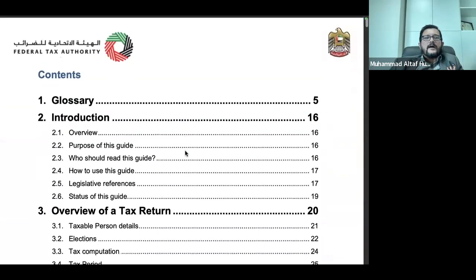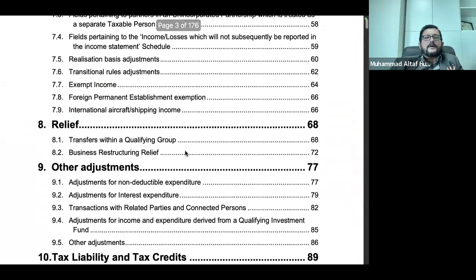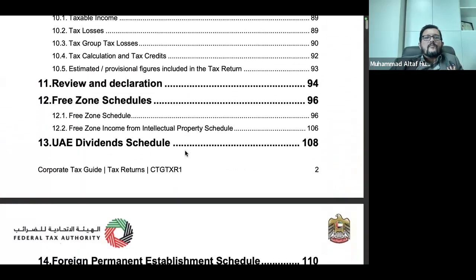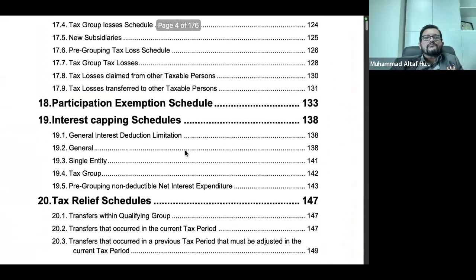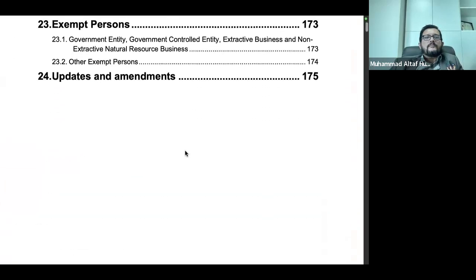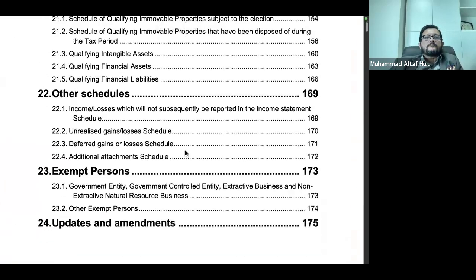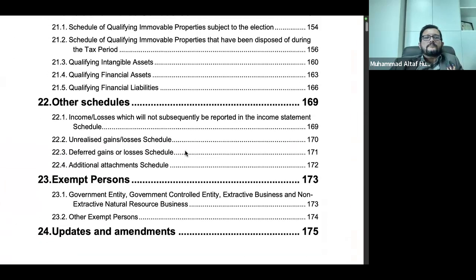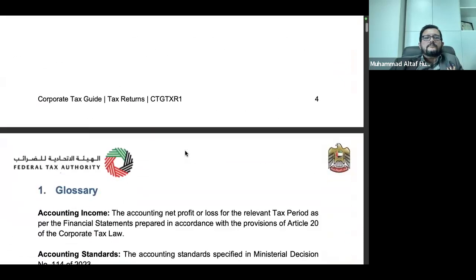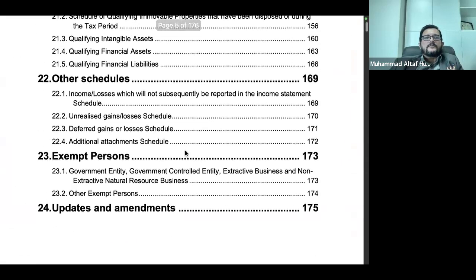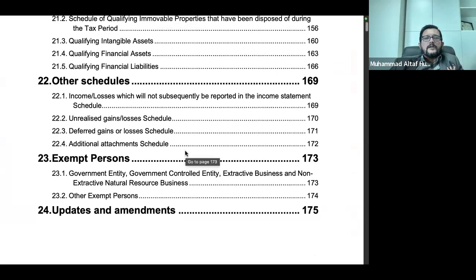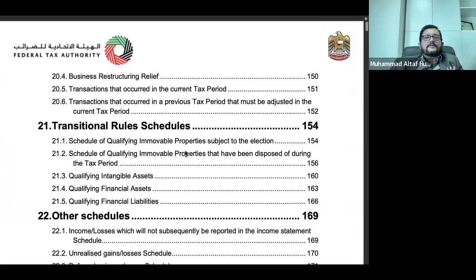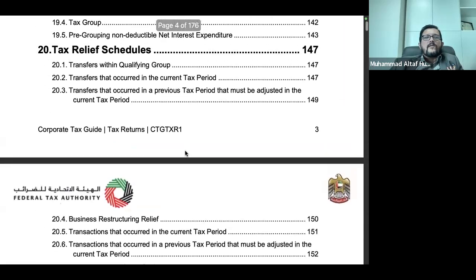So in this guide, if you look at the last part of it, there was mention of the transfer pricing actually.